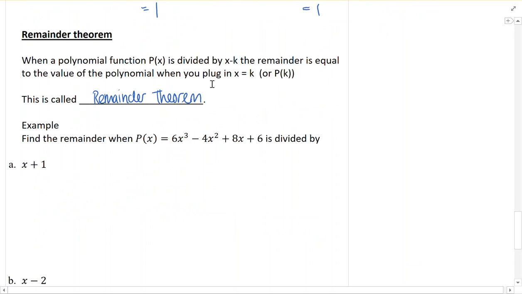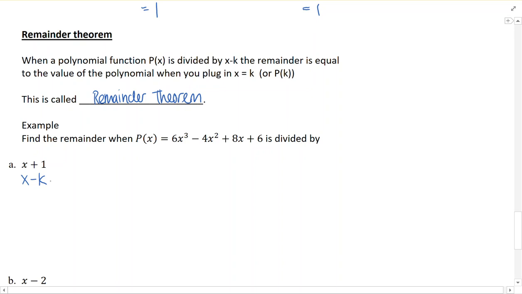Find the remainder of this particular function when it's divided by, first, x plus 1. To find the number we plug in, we need to remember it's x minus k.